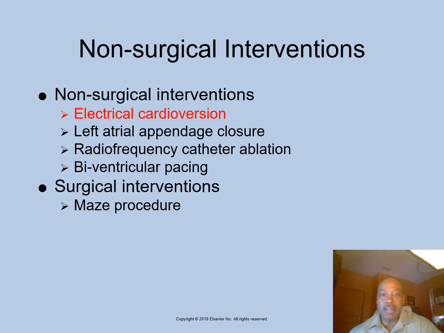It stops that, and it does allow the SA node, which is the pacemaker, to regain control of the heart, and that's what you're looking for with cardioversion. You want the patient's natural pacemaker to take over.